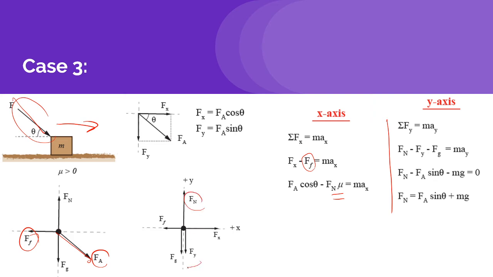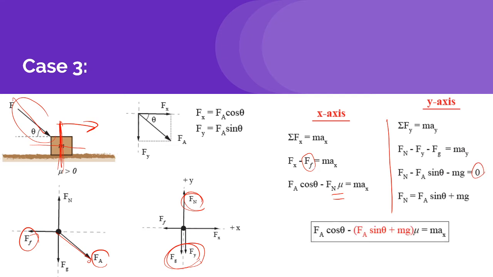And there is no movement on the y-axis again, so that means forces up equals forces down because acceleration is 0. Then what am I going to do? I am going to replace this Fn that I found from the y-axis into the equation and then solve the rest. These are again a way for us to construct the equations.